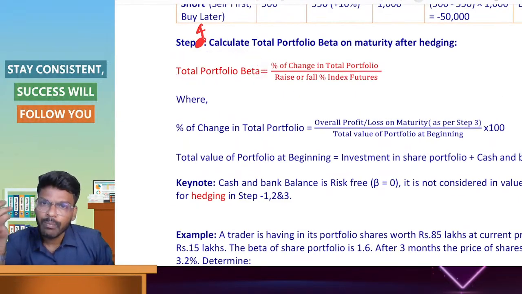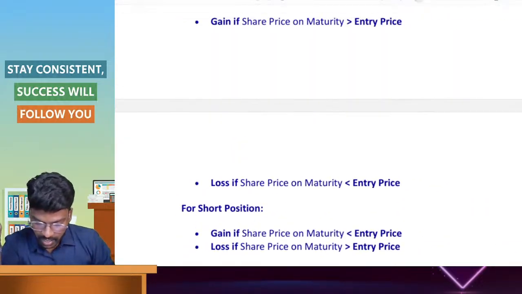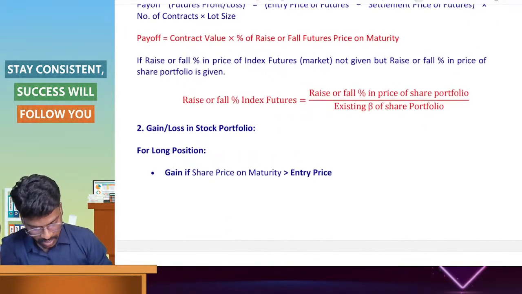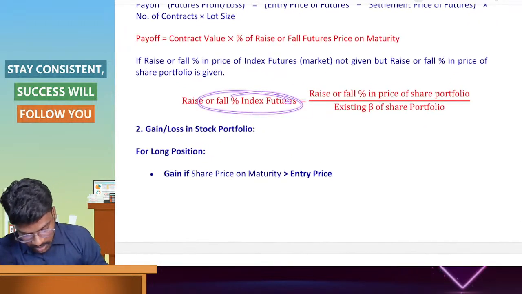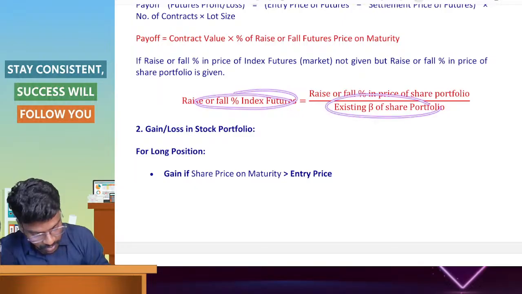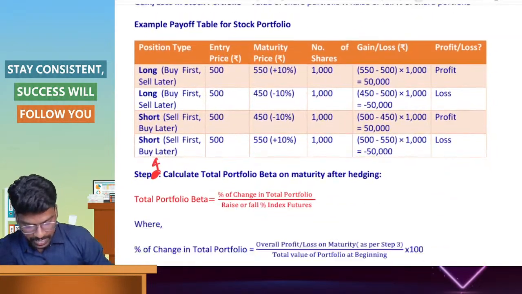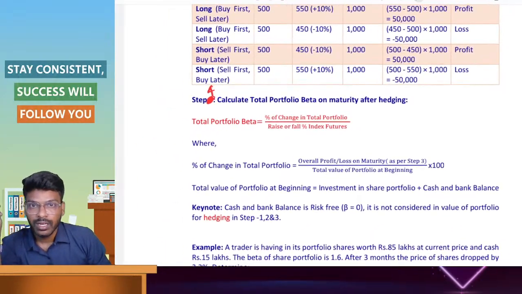Beta value, how will you compute, Franklin? We have learned in this formula. Okay, multiplying with the index future multiplied with beta, you will get a value. Okay, now there is a change in the portfolio.